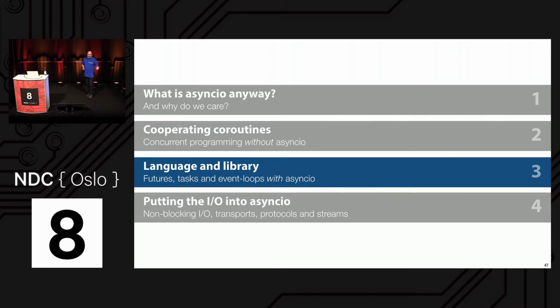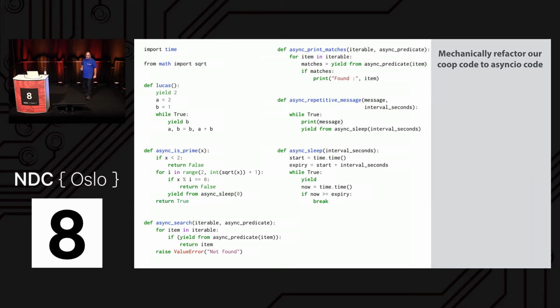Well, what I'm going to do in the next part of the talk, part 3 of the talk, is take that code I've just written and transform it, actually mechanically transform it, into legitimate Python 3 async I/O code. And I think this is important because it demonstrates that there is no magic in async I/O, right? You've just seen all the magic. Once you open the box and understand what's inside, it's really, really very simple.